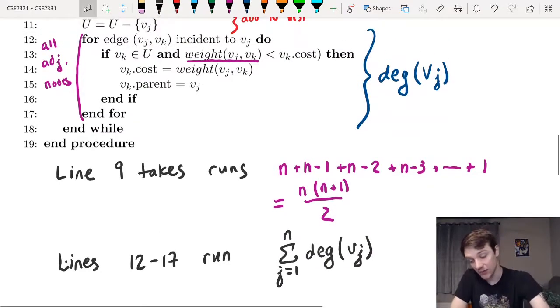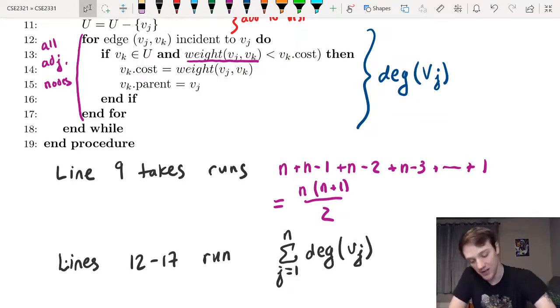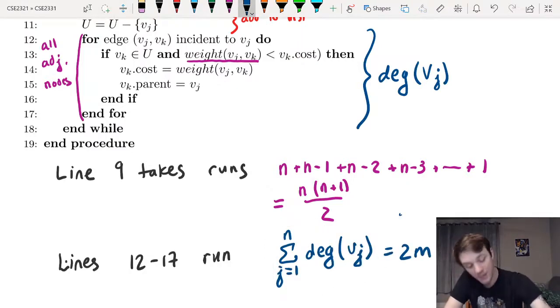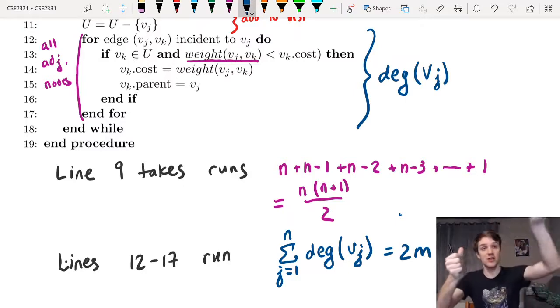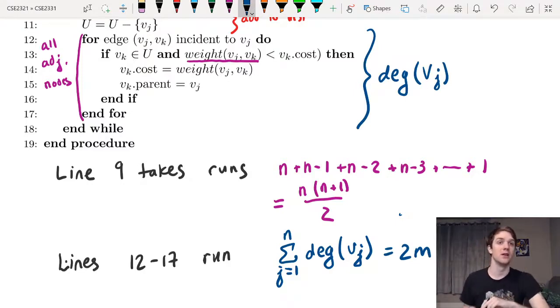So if we are adding up, for one run it takes the degree, and we're going to add that up over every single vertex as we're adding them. So, if we remember, that would run 2m times, where m is the number of edges. If you add up the degree of every vertex, you're looking at each edge twice. Once for the first edge, where you're leaving it, and then once for another edge where you're going back to it.